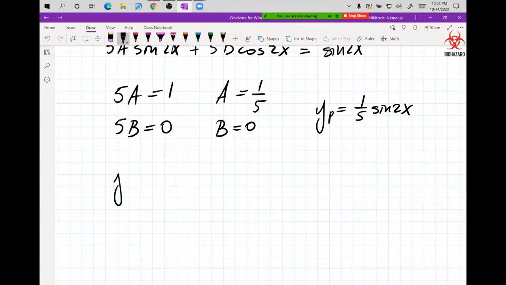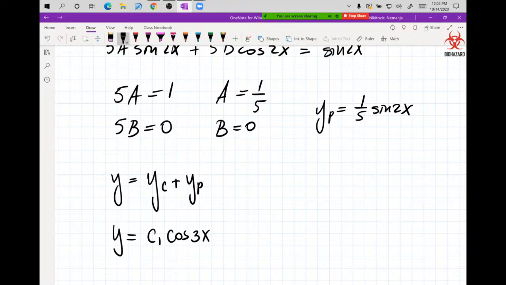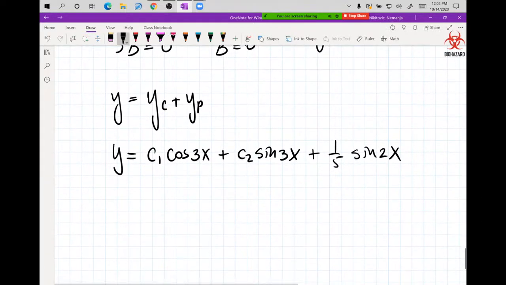And the overall solution y is y complementary plus y particular, which in our case is C1 cosine 3x plus C2 sine 3x plus 1/5 sine 2x. We are not done. This is the general solution.